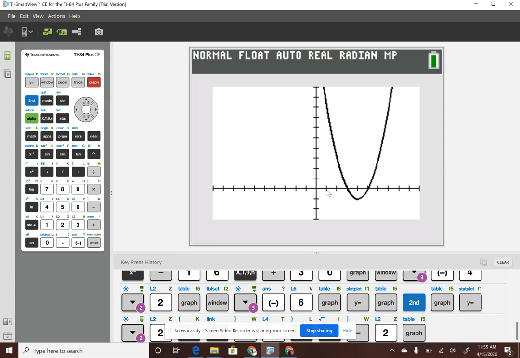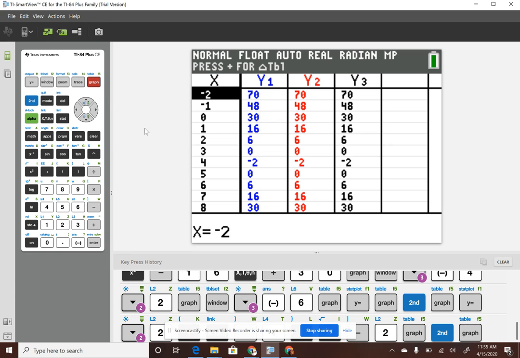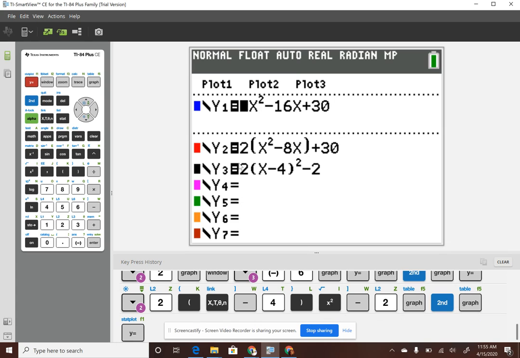And I can find my vertex right here at 4, -2. I can find my vertex right here on my table at 4, -2. I can find my vertex right here in the formula that shows vertex form. Standard form, partially factored form, vertex form.